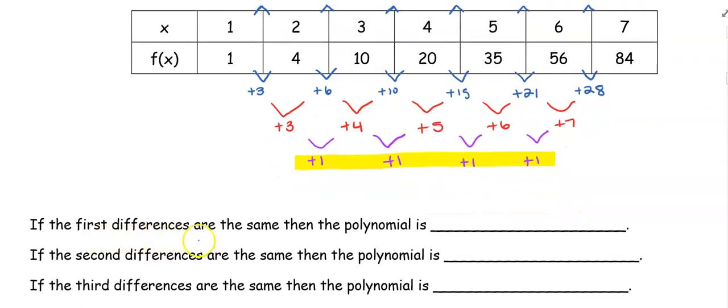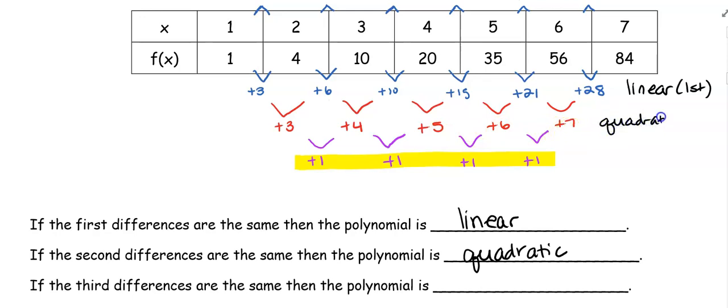If the first differences are the same, then it's a first degree polynomial, making it linear. So if it's linear, that means that the first set of differences are the same, which it's not, so it's not linear. If the second set of differences are the same, then the polynomial is second degree, making it quadratic. The second set here in red is not the same, so it's not going to be quadratic.